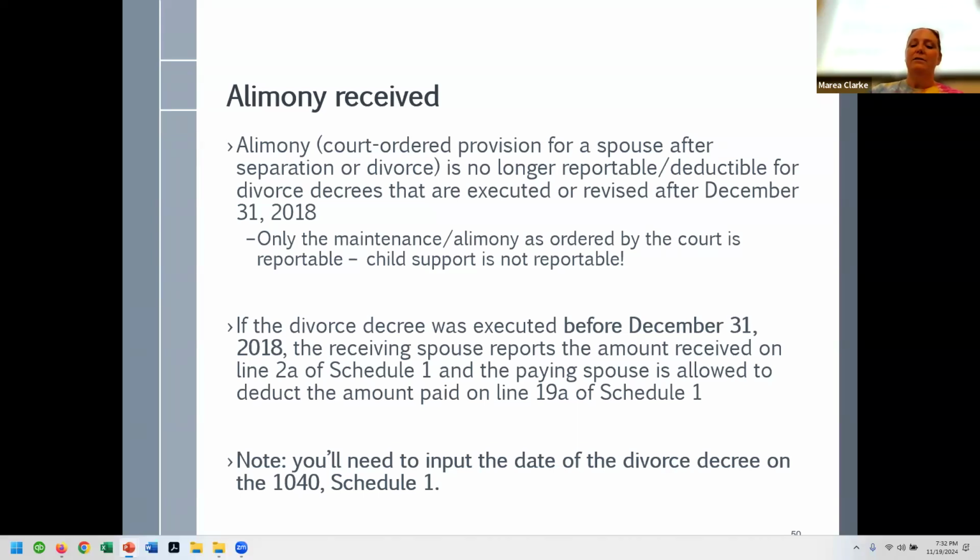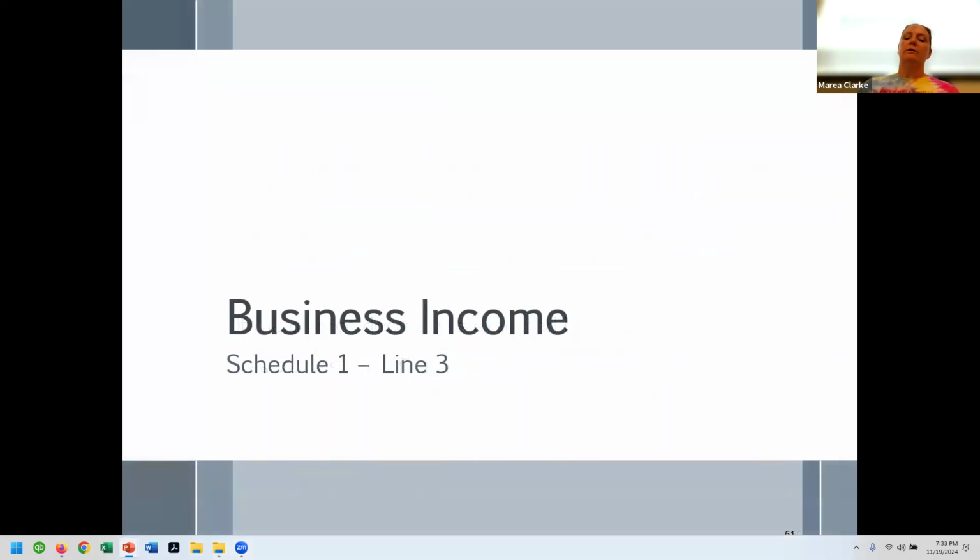Everything else after that doesn't need to be included. However, for the alimony received, you have to put the date of the divorce decree if you ever have to enter that in the Schedule 1. All right, so this is definitely not a common situation, but could theoretically show up either in our tax clinics or on the IRS test.